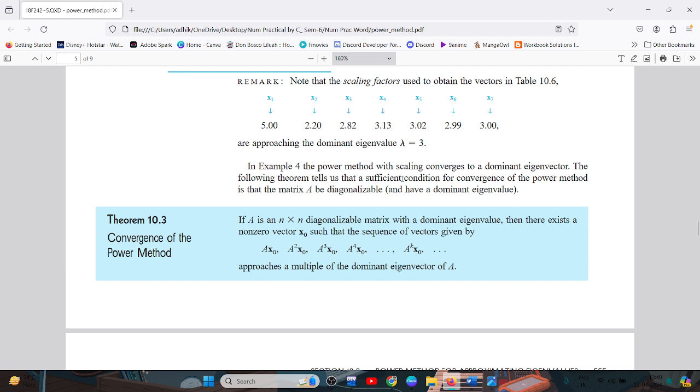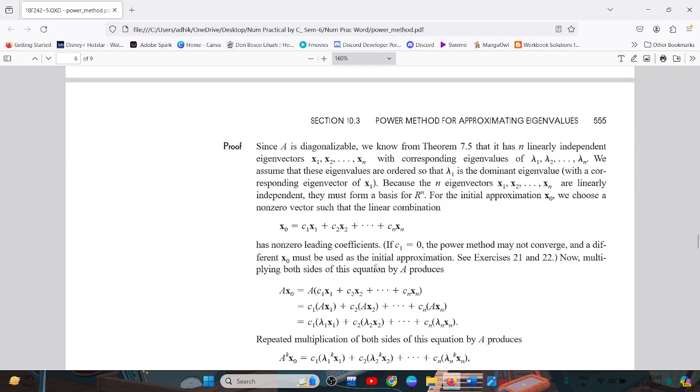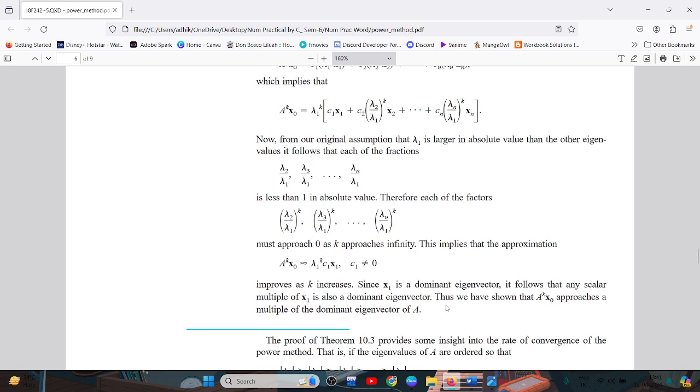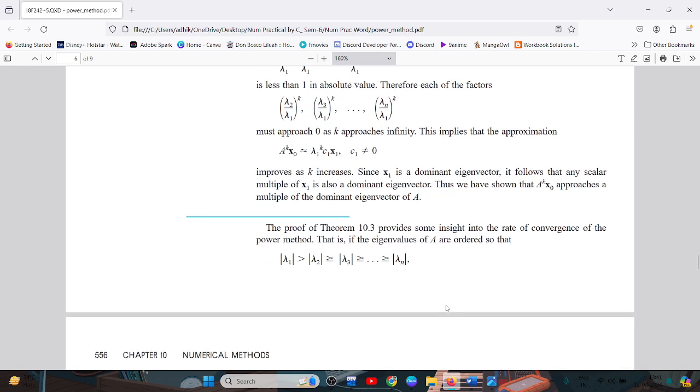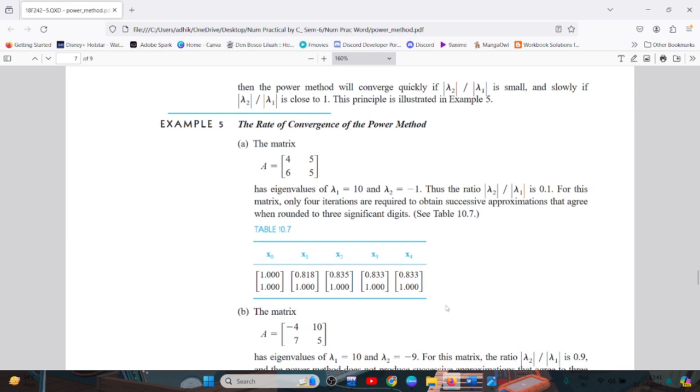This is a sufficient condition, but not a necessary condition. Here is the proof of this theorem, and the rate of convergence and so on. I will provide this PDF in the description box.